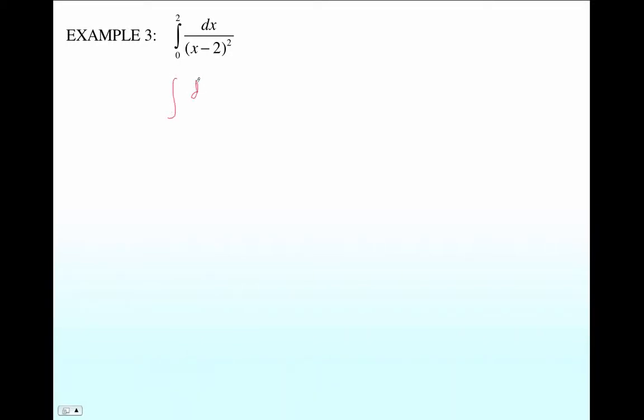Let's now look at this integral. The problem here is obviously close to x equal to 2. So let us stop the integration by going close to x equal to 2, but stopping just short of it. Now this integral can be done. The answer is obviously minus 1 over x minus 2. And now this has to be evaluated between 0 and 2 minus epsilon.